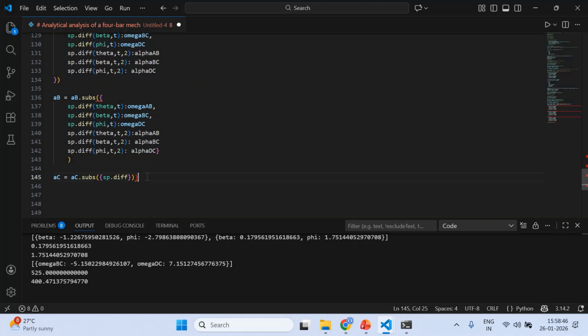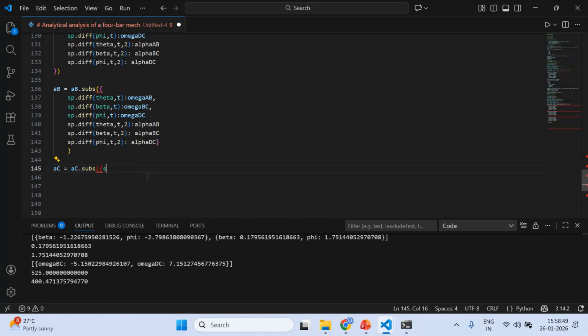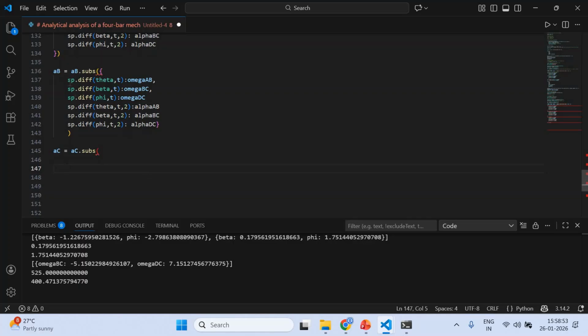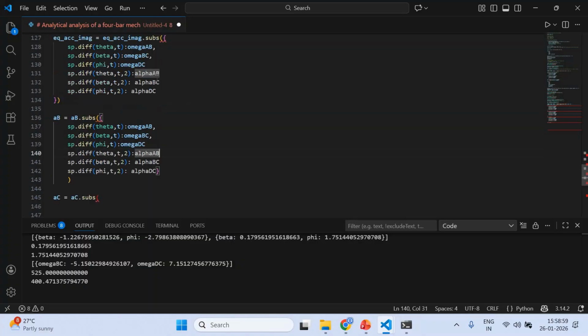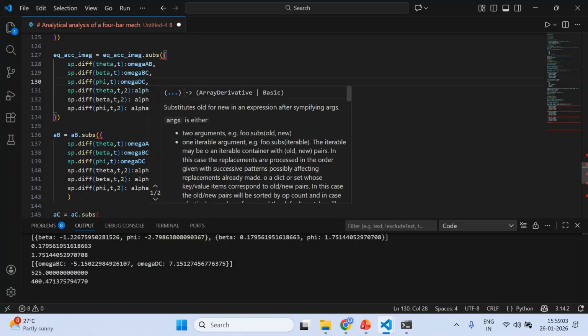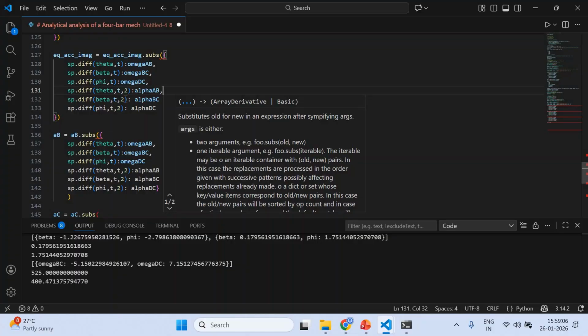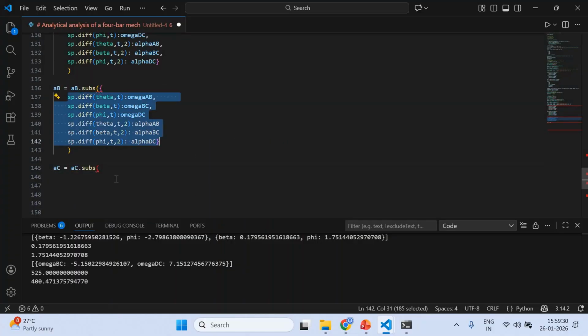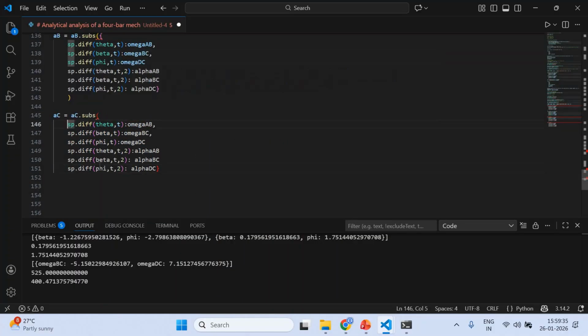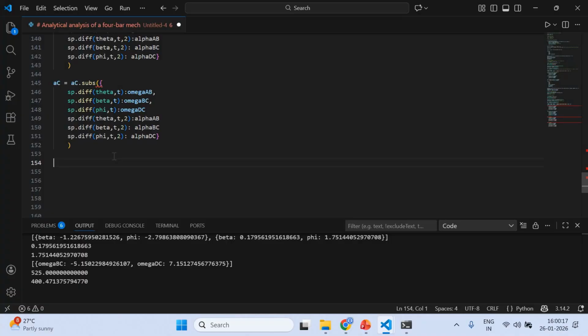Okay, so the same thing I'm going to repeat here also. So just copy paste this part. Just put a comma sign everywhere, otherwise it will give us errors. So just quickly put a comma sign. Now the same terminologies will be pasted here. After this substitution, now it's time to define the values that we want to substitute.